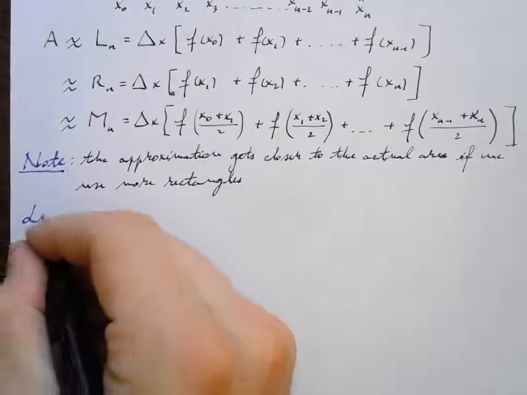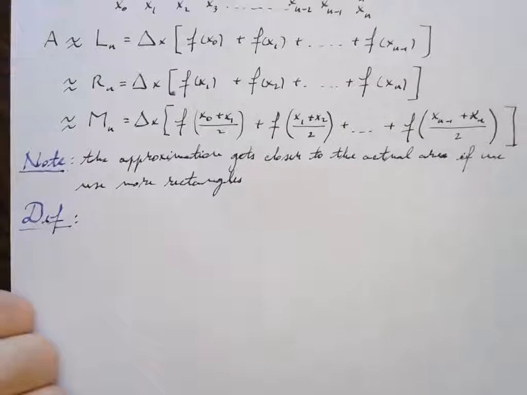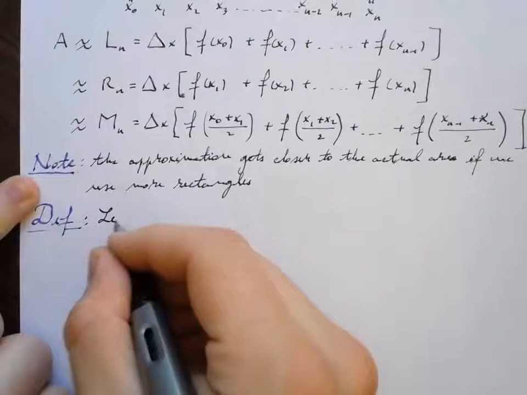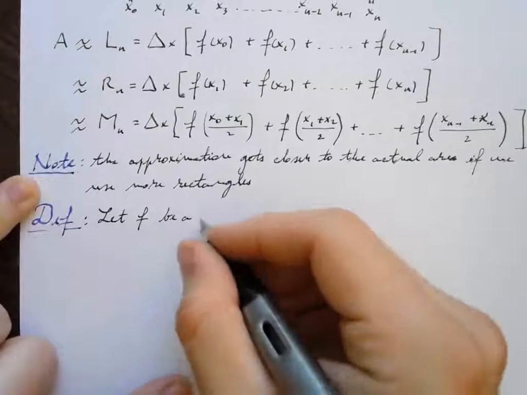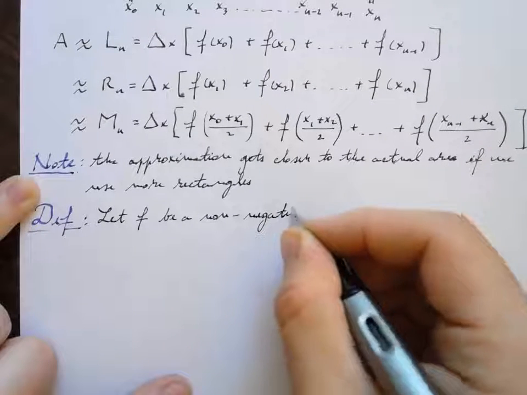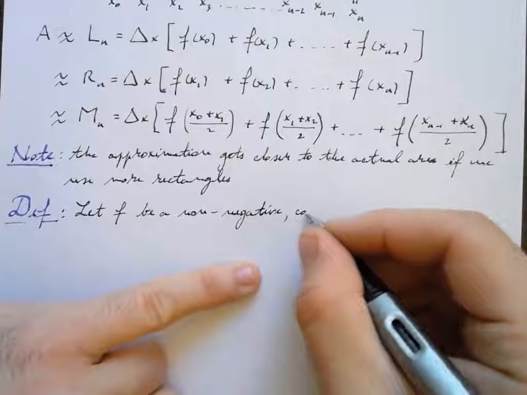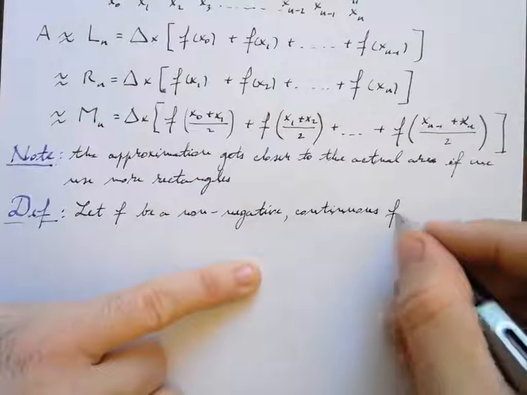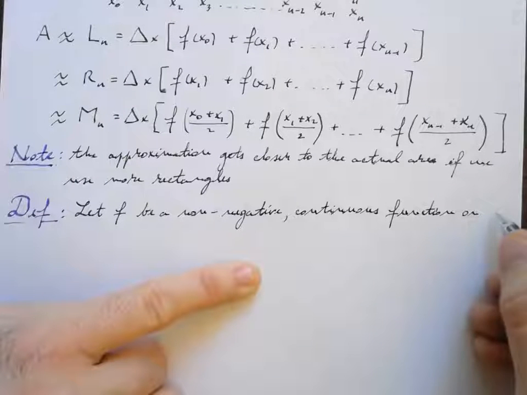So here's a definition. Let's say that we have some function, let f be a non-negative continuous function on some interval from a to b.